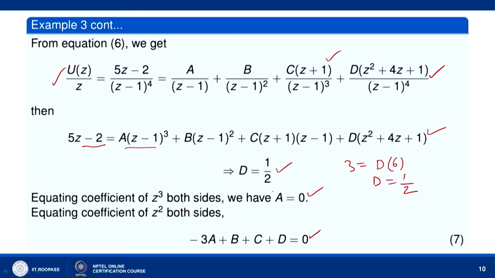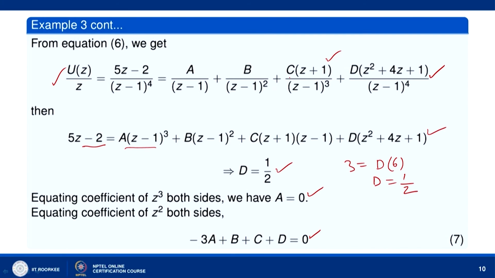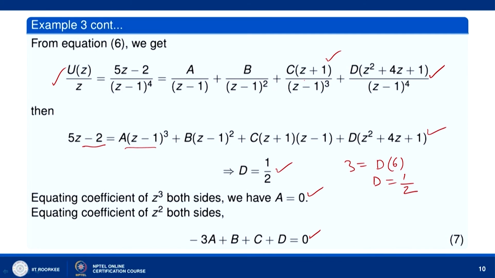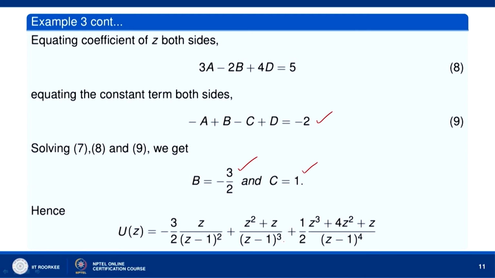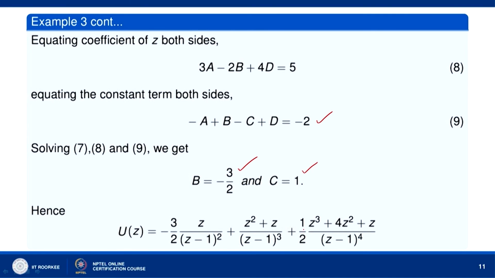So, minus 3 by 2 z over z minus 1 whole square plus c is equal to 1. So, we get z square plus z divided by z minus 1 whole cube, and then we have d equal to half. So, we get 1 by 2 z cube plus 4 z square plus z divided by z minus 1 to the power 4.